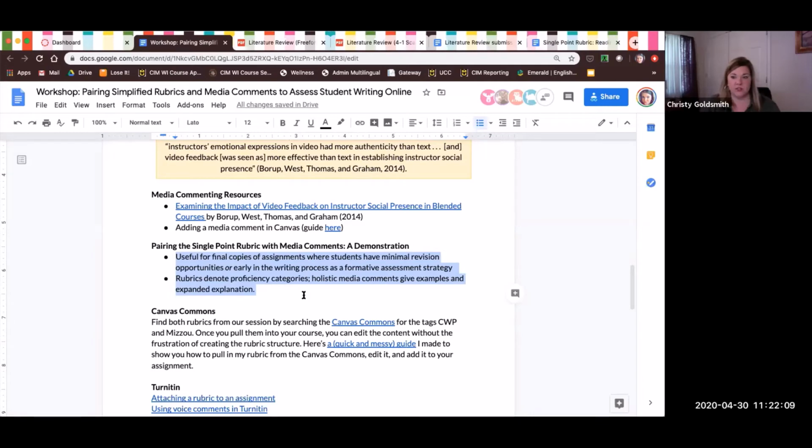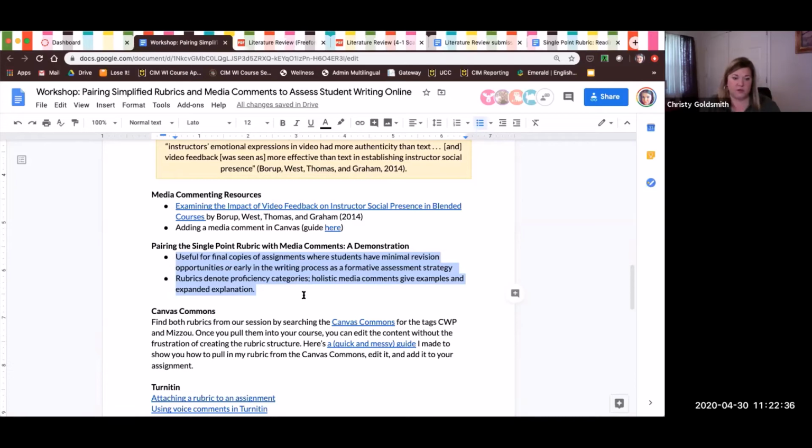In other words, you're not going to correct every wrong usage of APA or every comma in their final copy because they can't revise that, right? It's the end. So instead, you could use a single point rubric to show them the categories where they need to improve next course or next semester, and then give them a media comment to give the more holistic reasoning for their grade, essentially. So I think that's the most useful thing for me, especially.